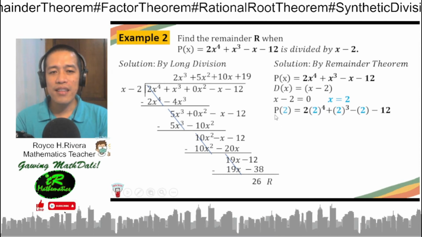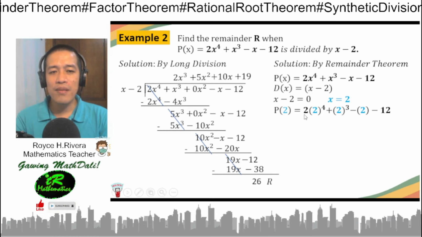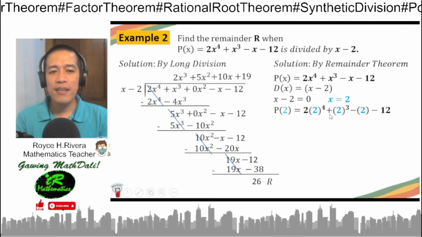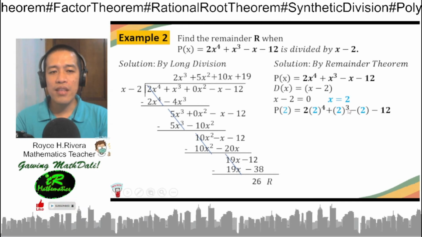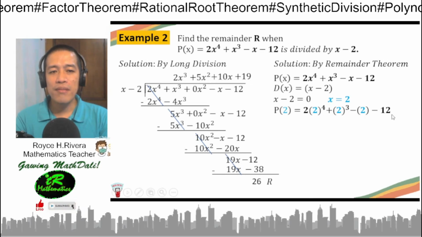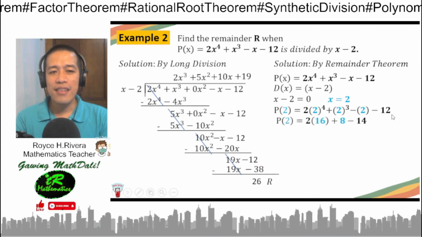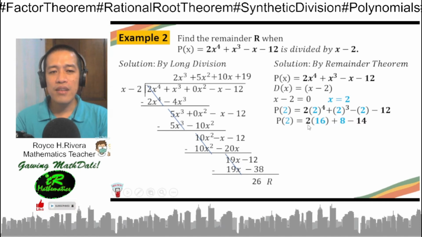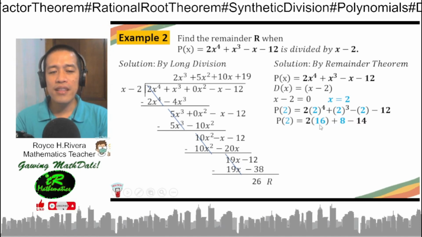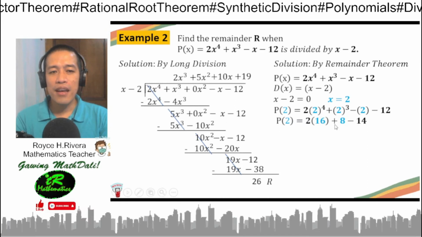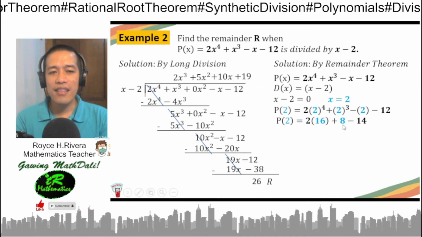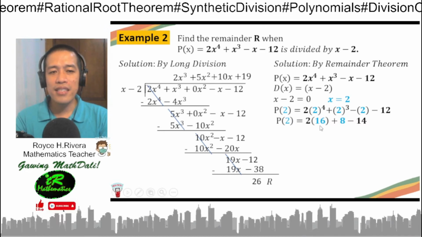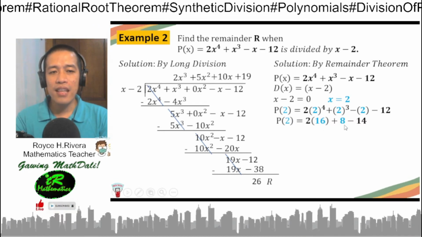So we will write p of 2 is equal to 2 times the quantity 2 raised to 4 plus 2 raised to 3 minus 2 minus 12. Evaluating this, we have p of 2 equals 2 times the quantity 16 plus 8 minus 14. 2 raised to 4 is 16. 2 raised to 3 is 8.